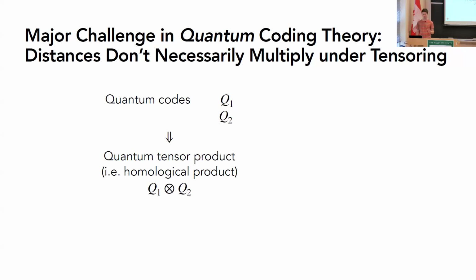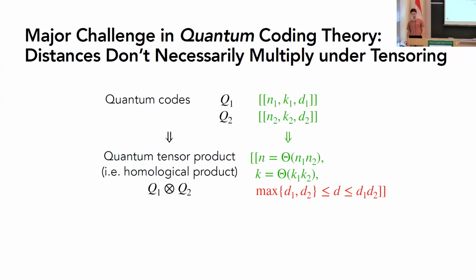There are a couple of not quite equivalent definitions, but there is a fairly canonical way to define this. If the initial codes have parameters n1, k1, d1, n2, k2, d2, the product code will have length roughly n1 n2, dimension roughly k1 k2, but the distance a priori could be anywhere between the maximum of d1, d2, and the product of d1, d2.